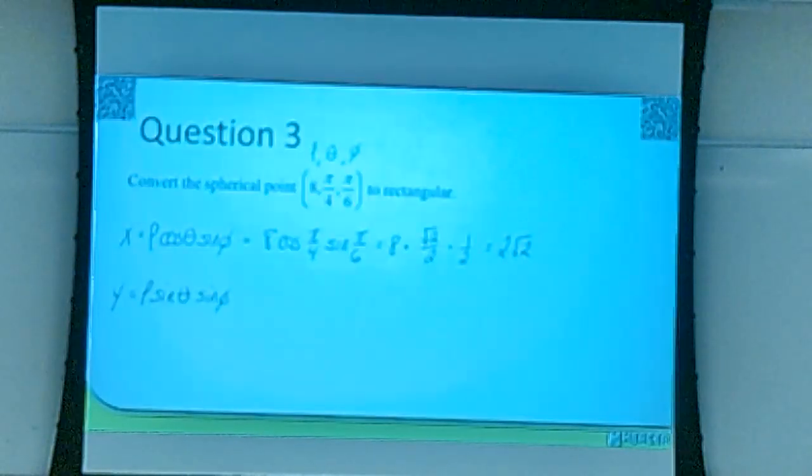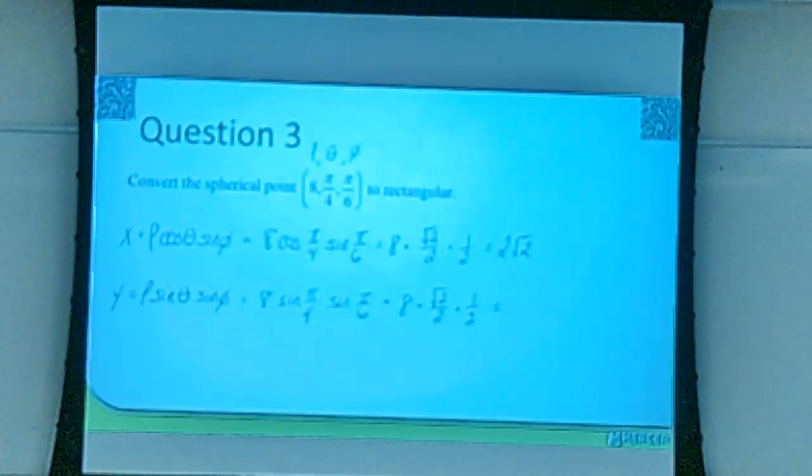Y is rho sine theta sine phi. What's sine of pi over 4? Root 2 over 2. And of course sine of pi over 6. So how does that simplify?